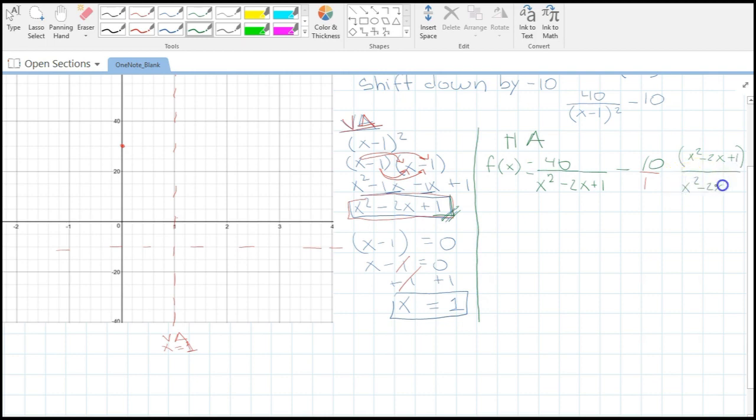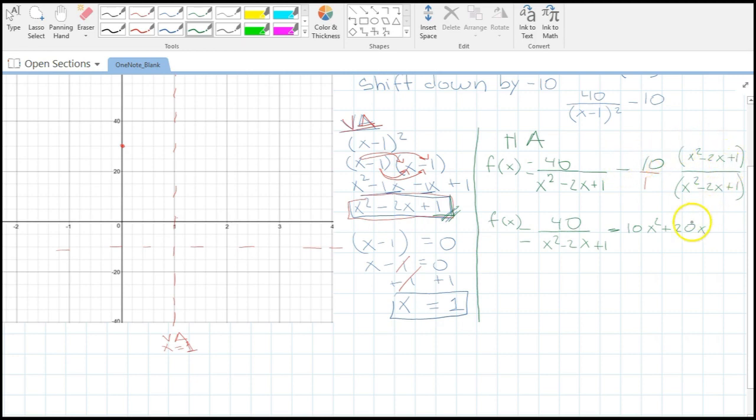So x squared minus 2x plus 1. So I have the function of x equals, I don't want to do anything to the first fraction because it has the denominator that I'm looking for. So now I'm going to distribute the negative 10. Negative 10 times x squared is negative 10x squared. Then negative 10 times negative 2x gives me a positive 20x.